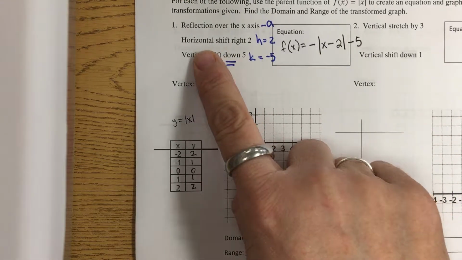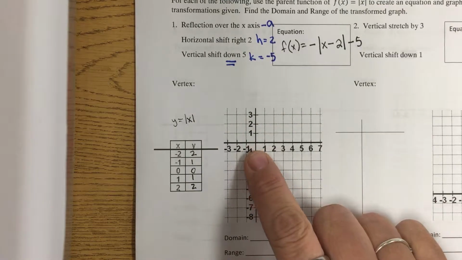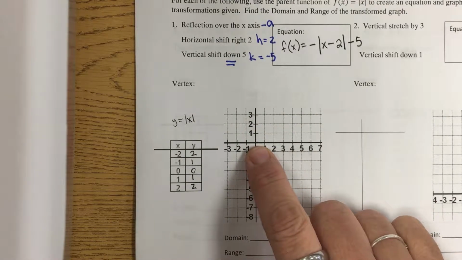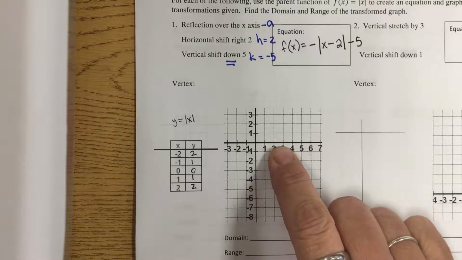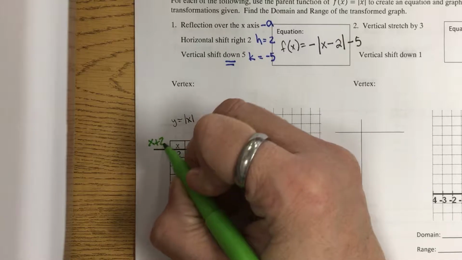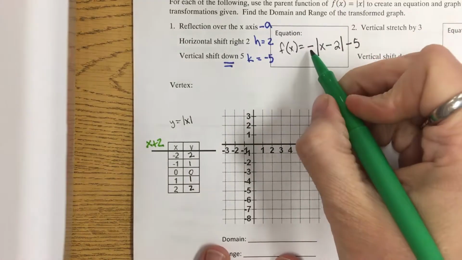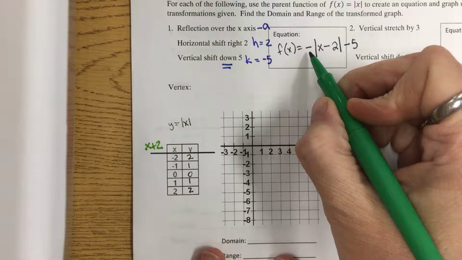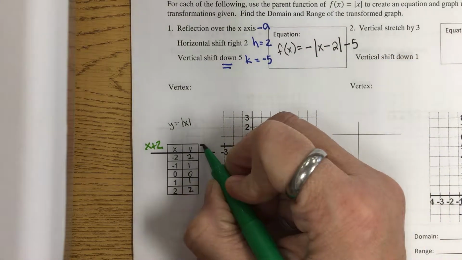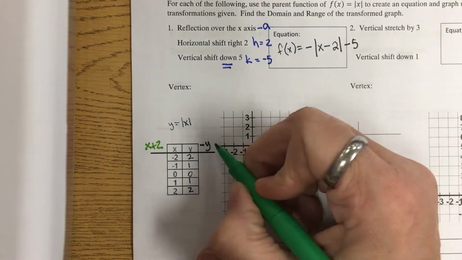So it says right here we have a horizontal shift of 2. That means I'm going to be taking 0 and adding 2 to it because I'm going to the right. So I'm going to write over here, I'm going to take the x value and I'm going to add 2 to it. And then on the right hand side, this negative right here tells me that I'm going to take the opposite of what the y value is, and then I'm going to subtract 5.